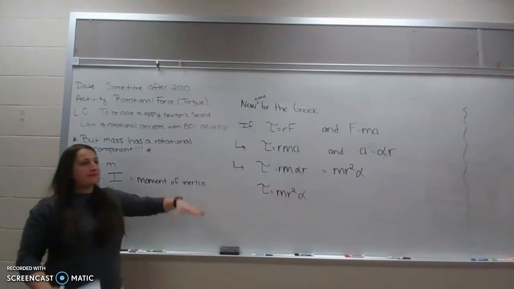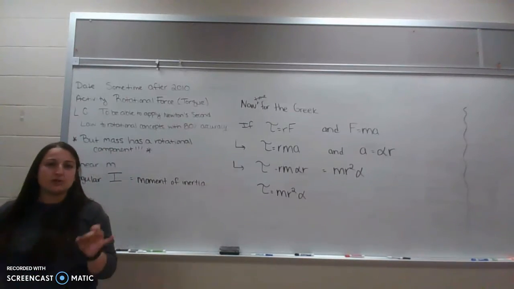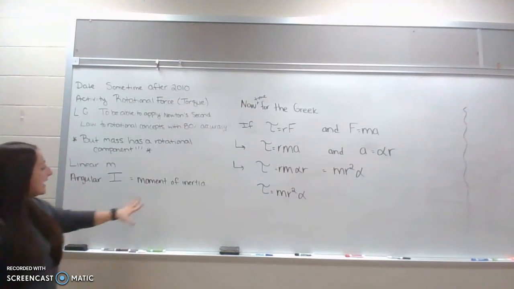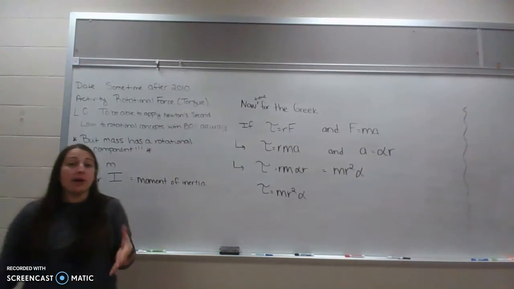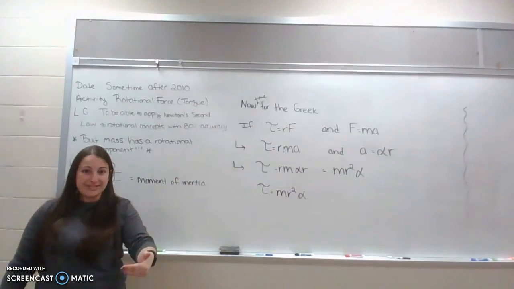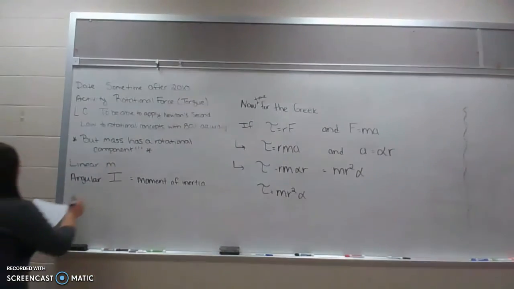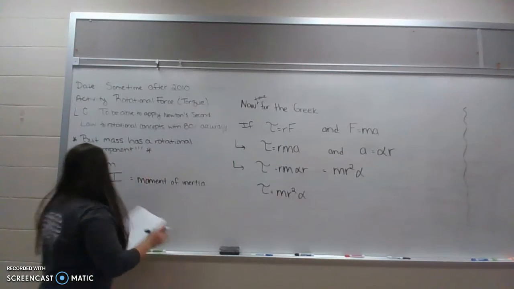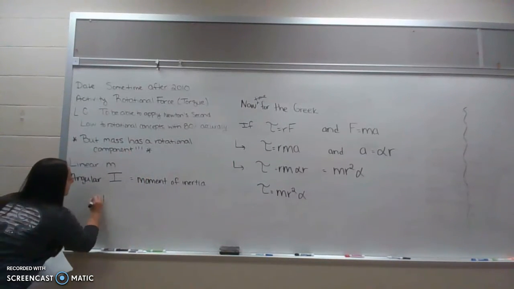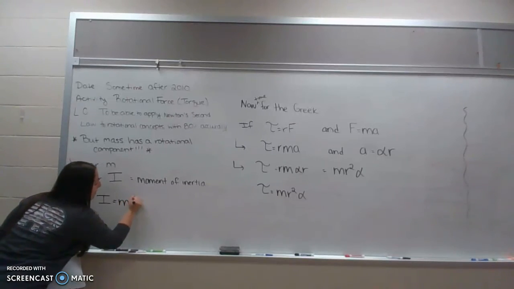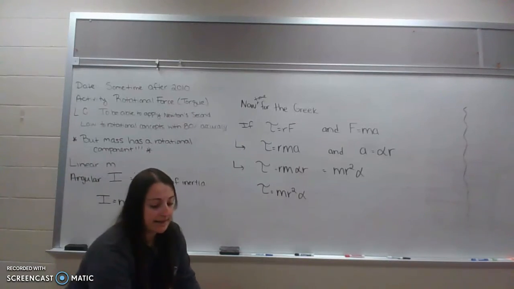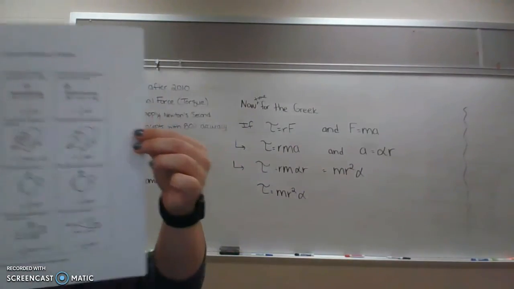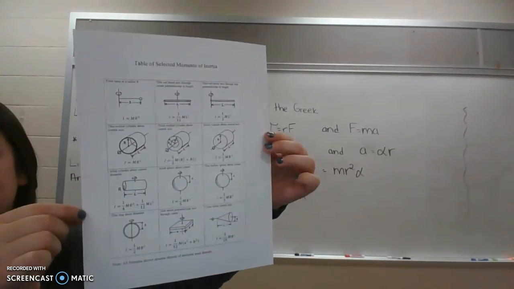So think back to Unit 5, where inertia is an object's resistance to change, and it's based on the mass of the object. Here, it's going to be the same thing, except now it's an object's resistance to rotation. So what we actually get is that this m r squared component is our I. So I is equal to m r squared. But what you're actually going to get when you see me in class is a paper that looks like this.